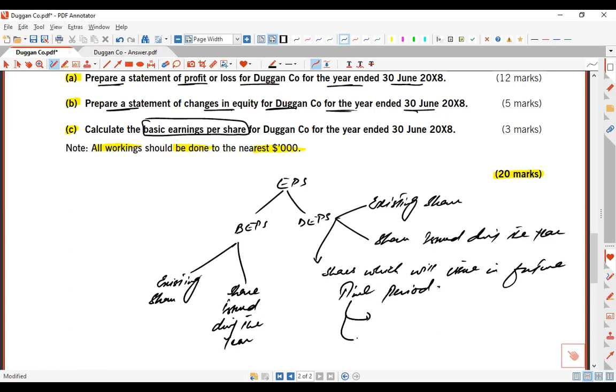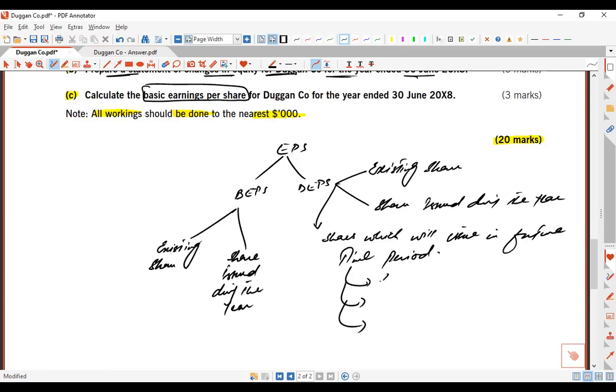Why would the shares be issued in a future time period? Due to convertible loan notes, due to convertible preference shares, and share options or warrants. So these are the reasons for the issuance of shares in a future time period.